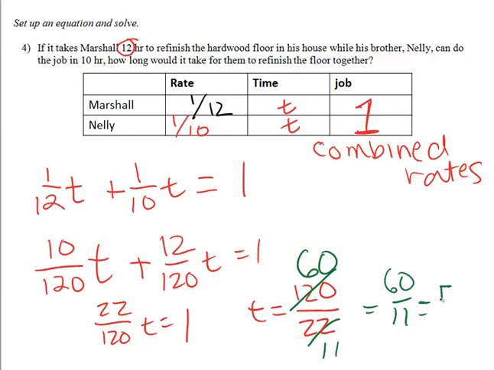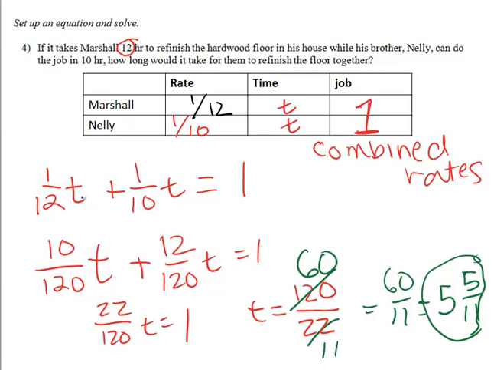Break it down and you'll end up with 5 hours and 5/11ths of an hour. Again, in the real world, I would probably make you break it down to minutes, but I'm not that mean right now.